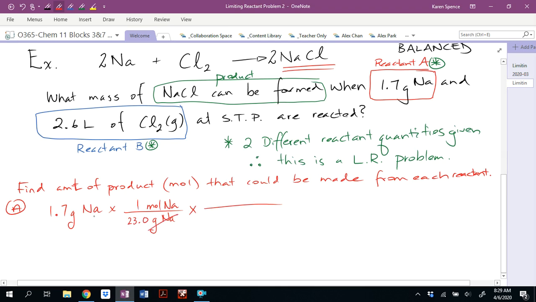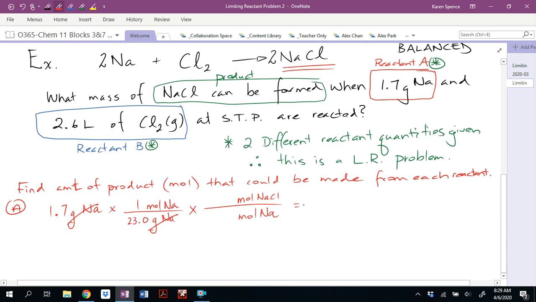Once we have moles of our reactant, we can find moles of our product, which in this case is NaCl. And we will cancel moles of sodium.